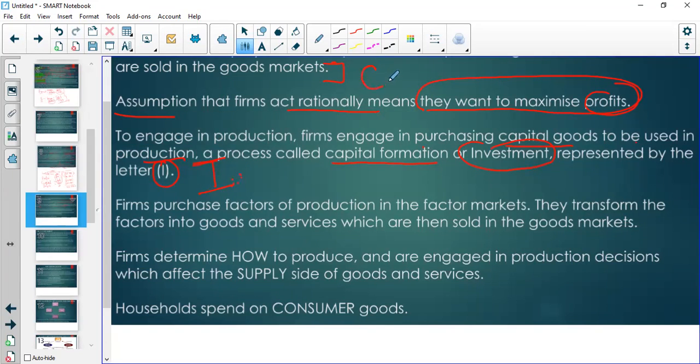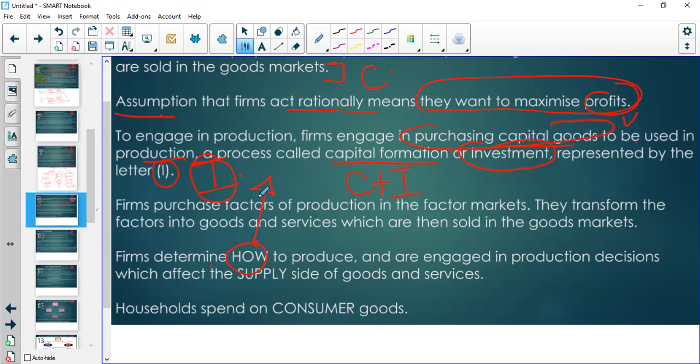Remember, we have consumption spending by households and then investment spending by firms when they engage in purchasing of capital goods. So now we have two forms of spending. We have C plus I. And we are looking at the total spending in the economy. And firms determine how to produce because they combine the factors of production in producing goods and services.